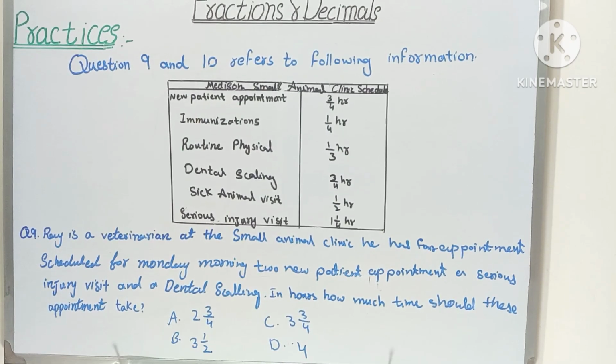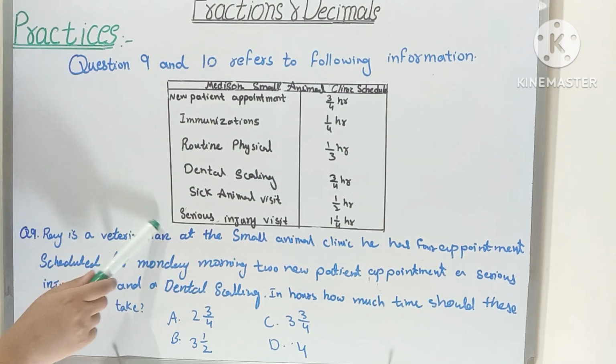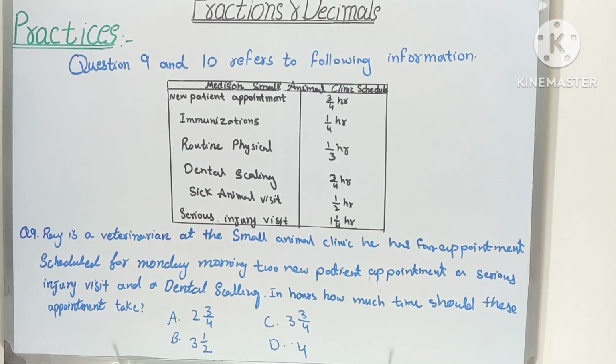Question number 9 and 10 refer to the following information. New patient appointment, 3/4 hour. Immunization, 1/4 hour. Routine physical, 1/3 hour. Dental scaling, 3/4 hour. Sick animal visit, 1/2 hour. Serious injury visit, 1/4 hour.